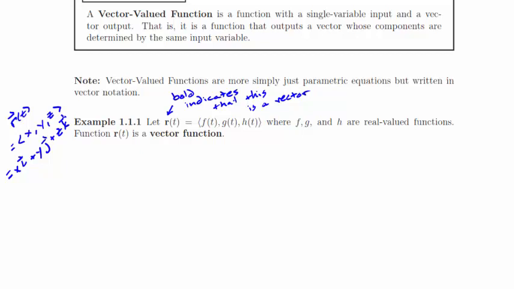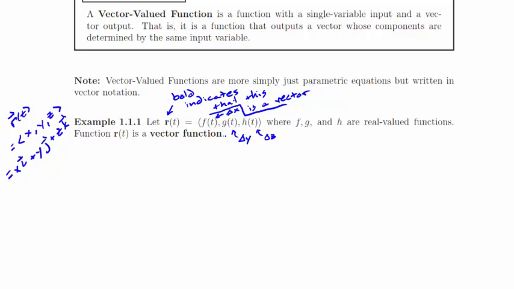Okay, so let r of t equal the vector f of t, comma g of t, comma h of t. This is my x, or I want to say change in x. This is my change in y. This is my change in z. And that's because this is a vector, so we're saying that this is the change in x in the x direction, right?